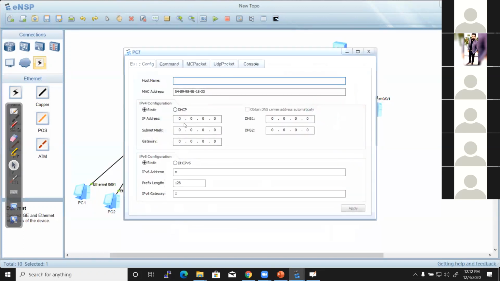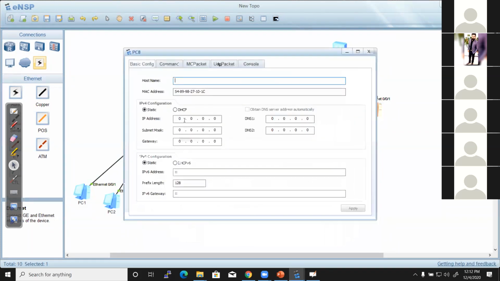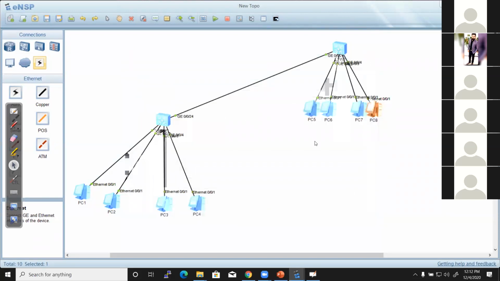And PC7, I'm going to assign 192.168.1.7 with mask /24, and PC8 192.168.1.8.